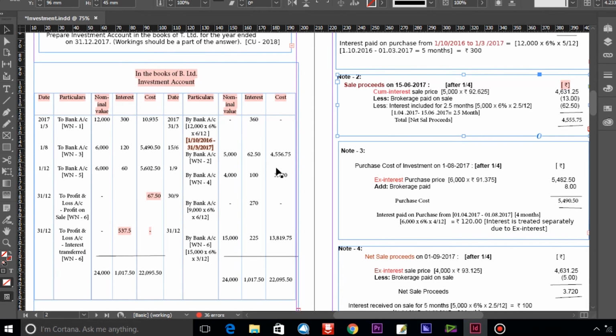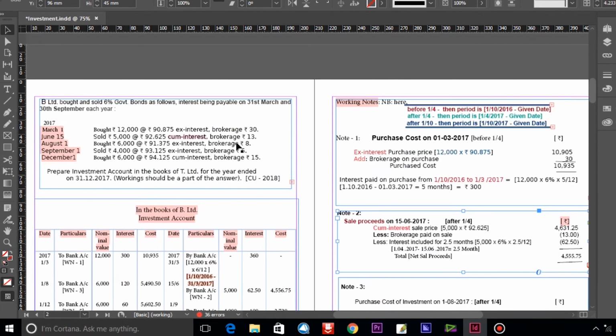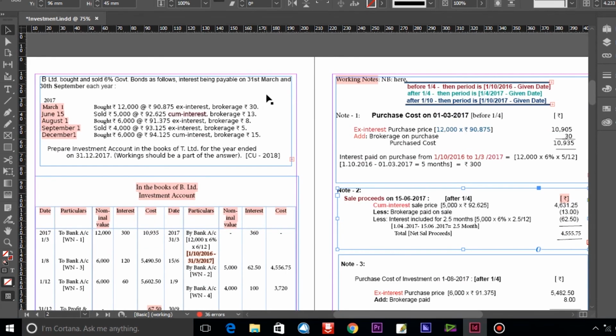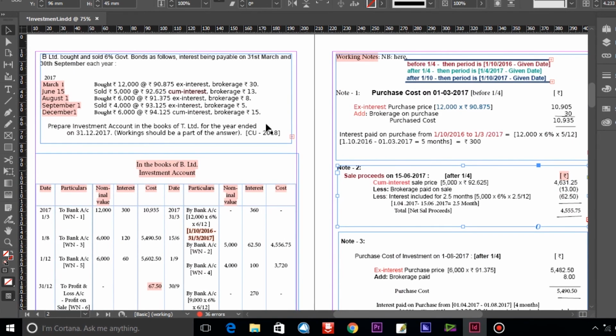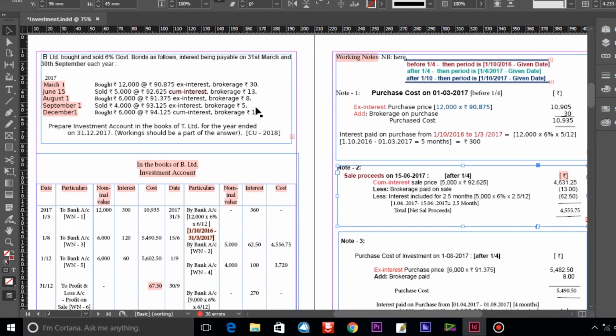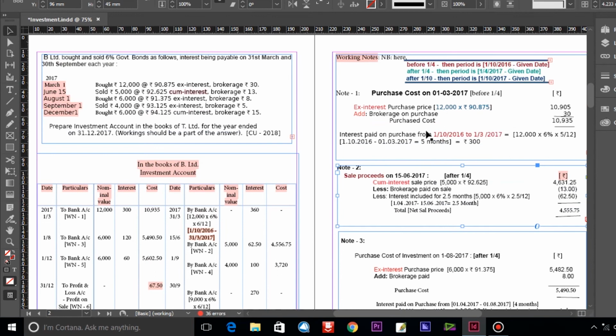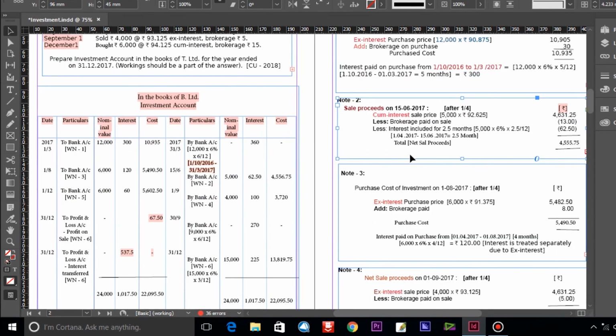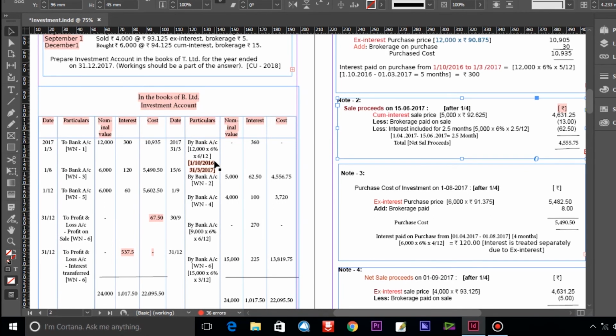Now why does such an amount of rupees 360 come up? We have already started from 1/3/2017, and we got the idea from the given question that interest is payable on 31st March and 30th September. Therefore, on 31st March 2017, we will have to pay interest. Otherwise, we can't go to the next step.